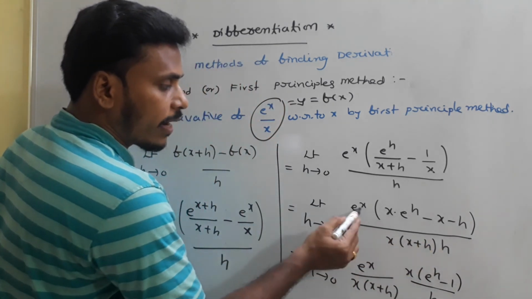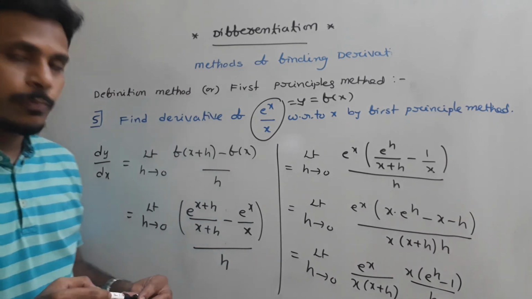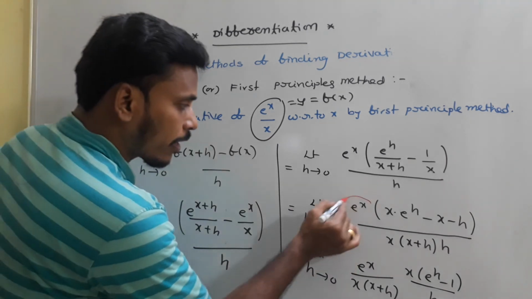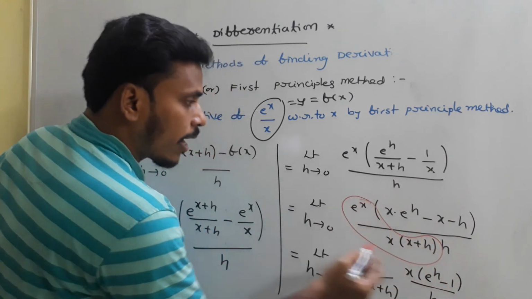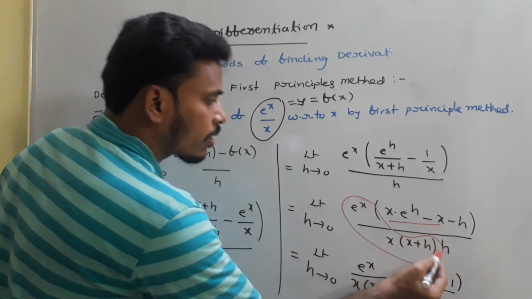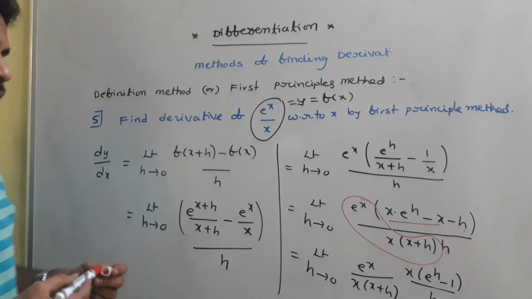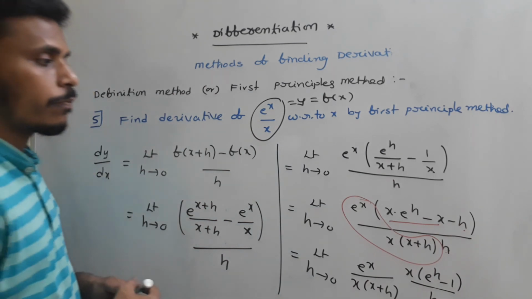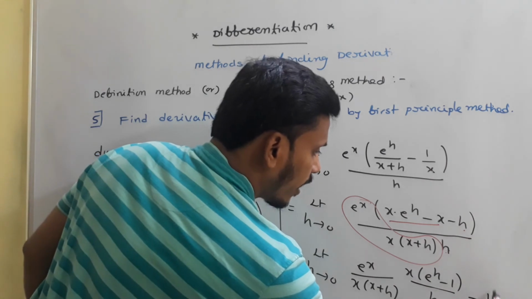So you just separate this e power x by x into (x plus h) and then separate this part first, and then give this h to these two terms and then to those two terms separately. x into (e power h minus 1) by h minus h by h, which is 1.